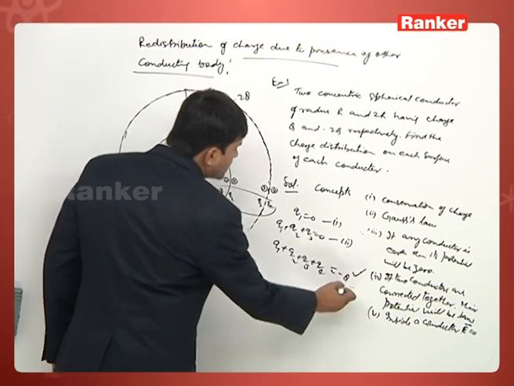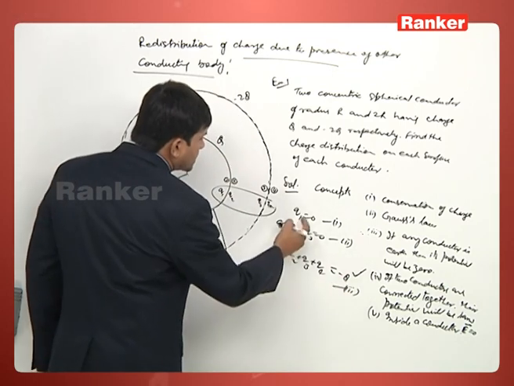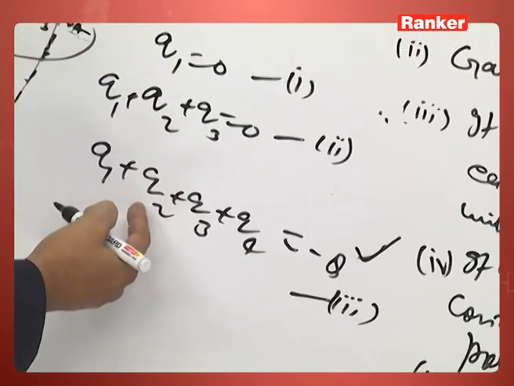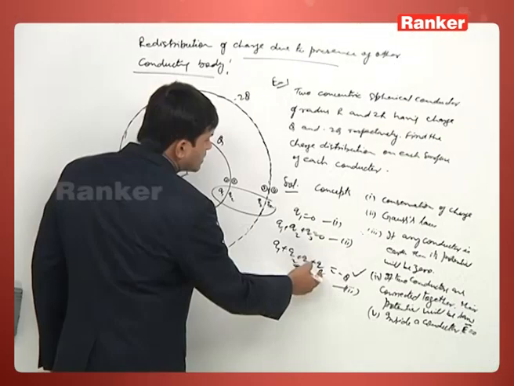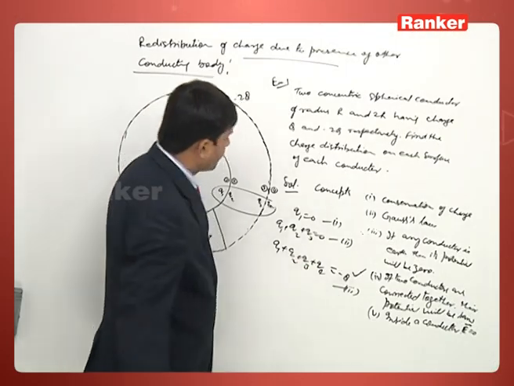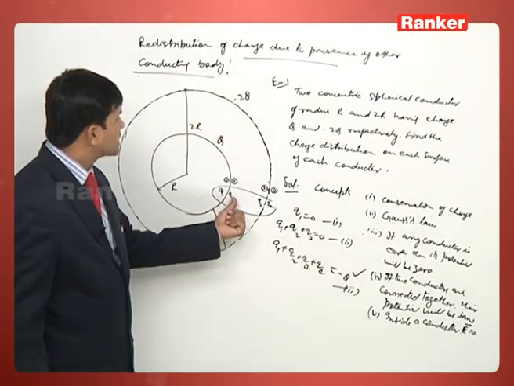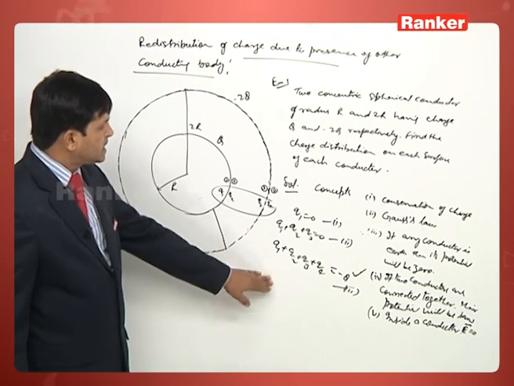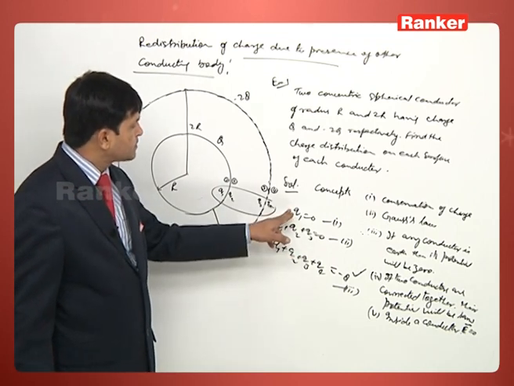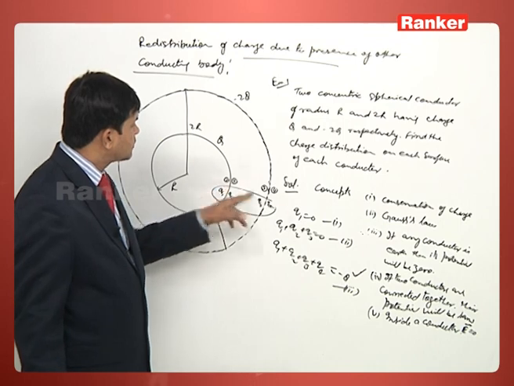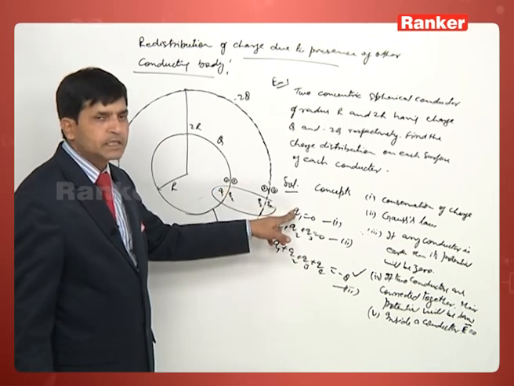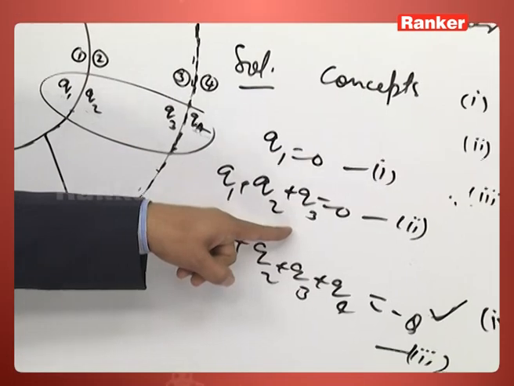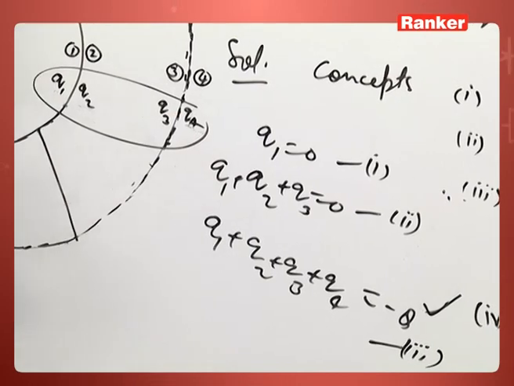So from these three equations, what did we find? Q1 is 0, Q1 plus Q2 plus Q3 is 0, and Q4 is minus Q. But we now want to find the Q2 and Q3 values. So these are the three equations. First, inside the electric field is 0, that's why there is no distribution of charge. Second equation, by using Gauss law.